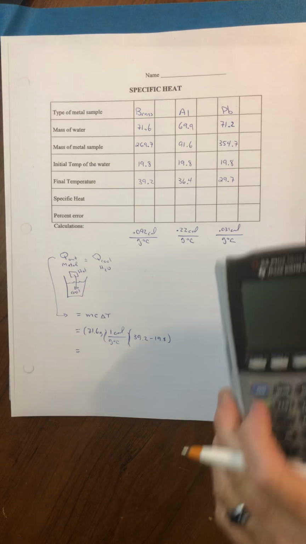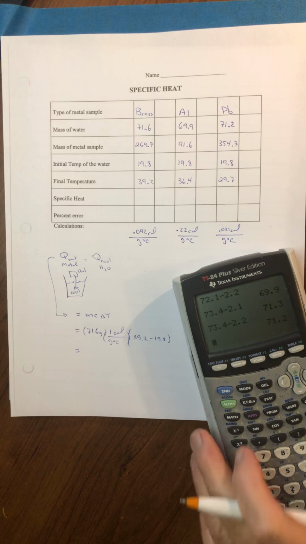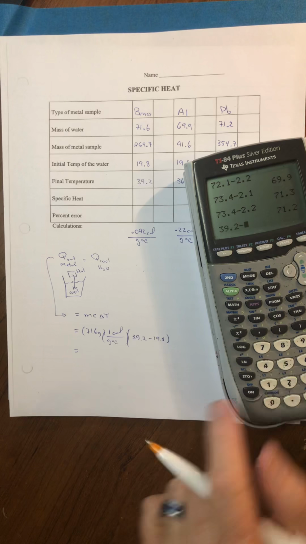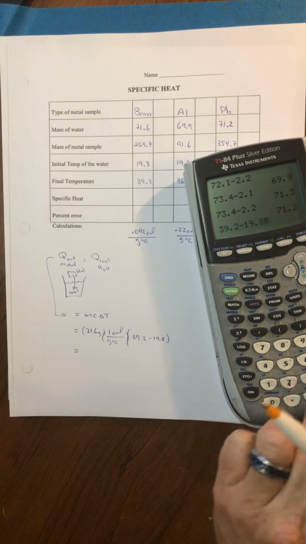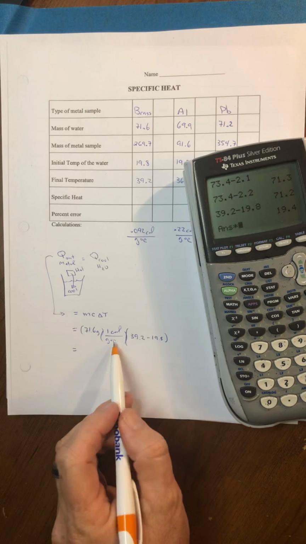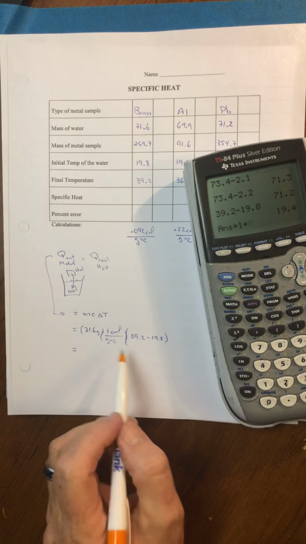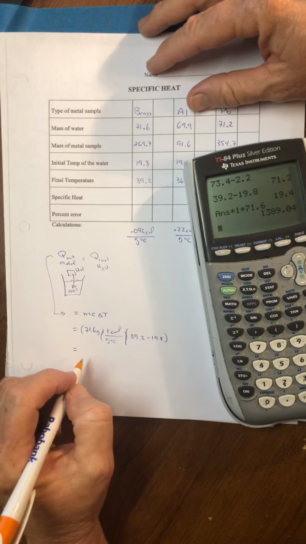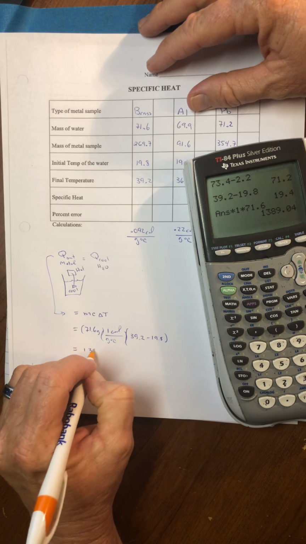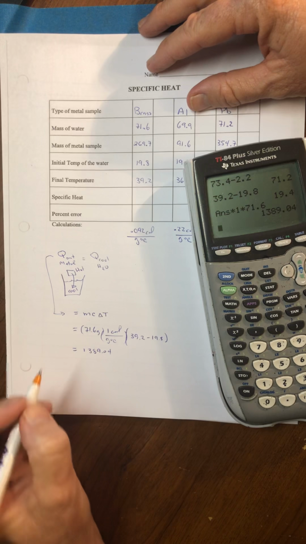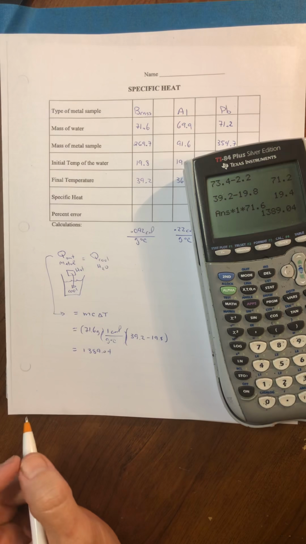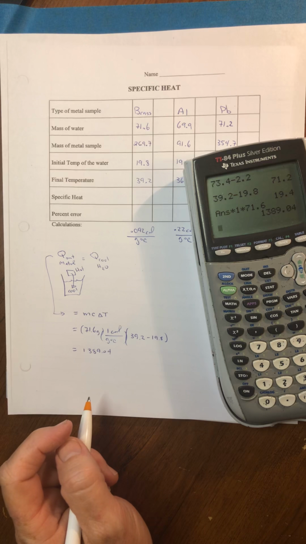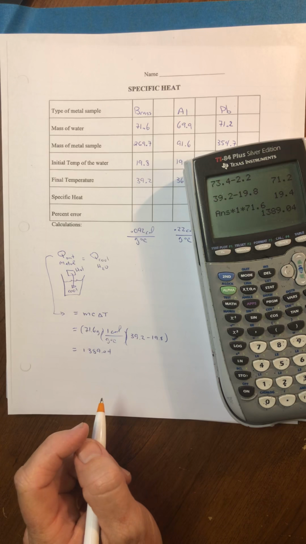Let's see what kind of number I get here. Grabbing my calculator, 39.2 minus 19.8. That's the change in temperature times 1, not really necessary, times 71.6. This comes out to be 1389.04 for the amount that goes into the cool water.